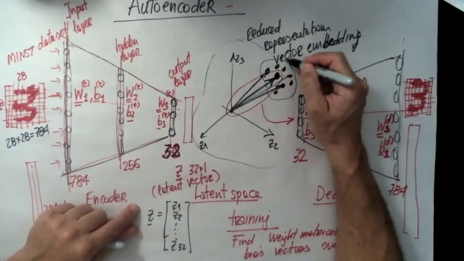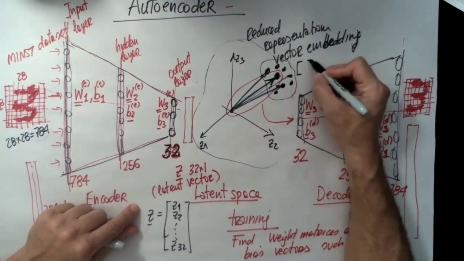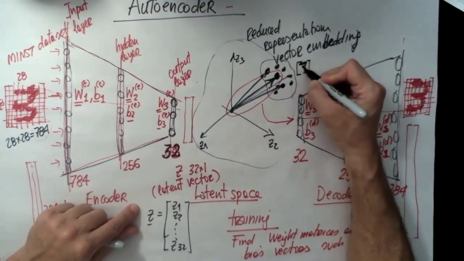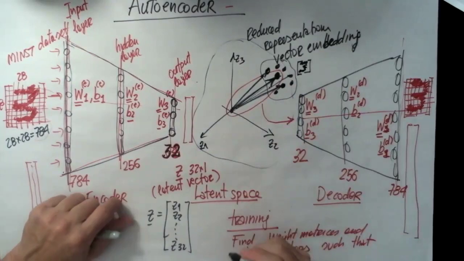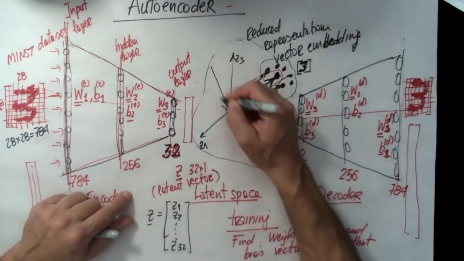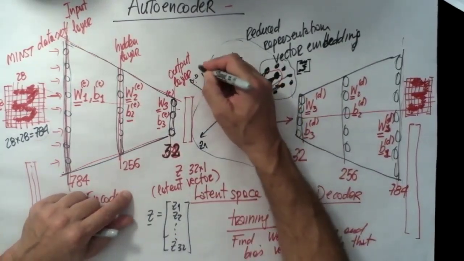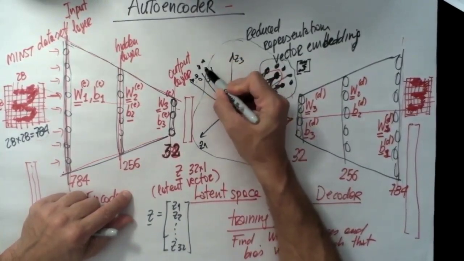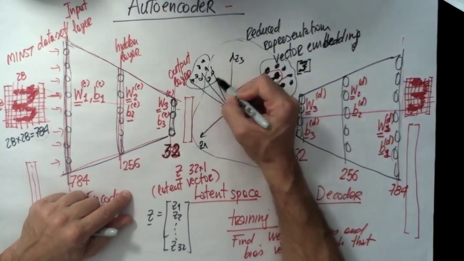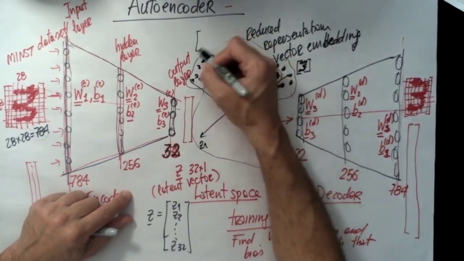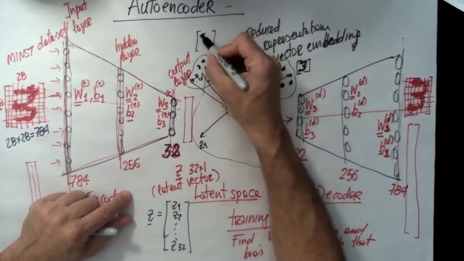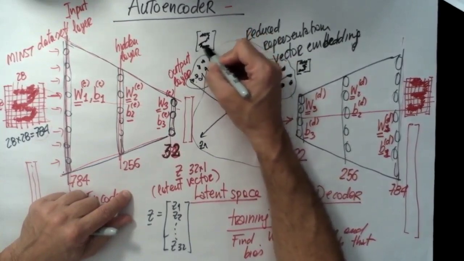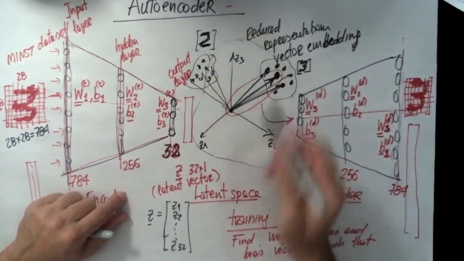So here we have all the points that correspond to all the images of a three. And then here we will have all other images whose latent representation corresponds to a two, and so on.